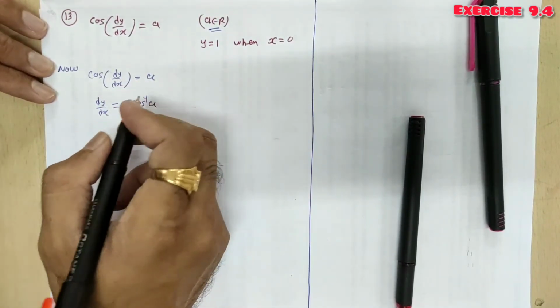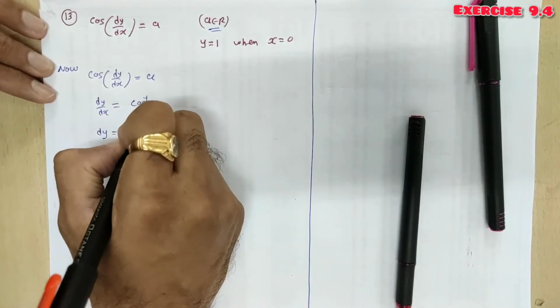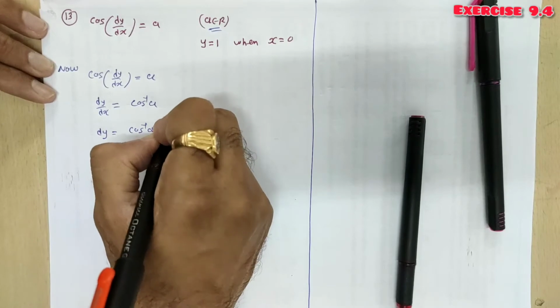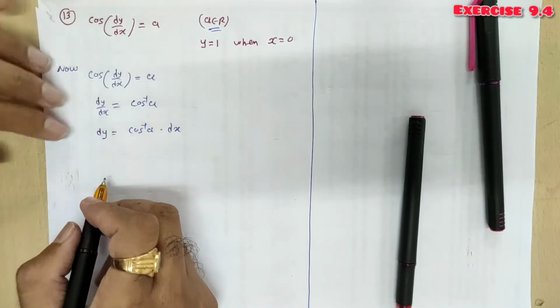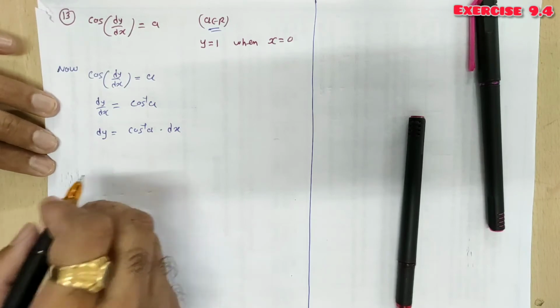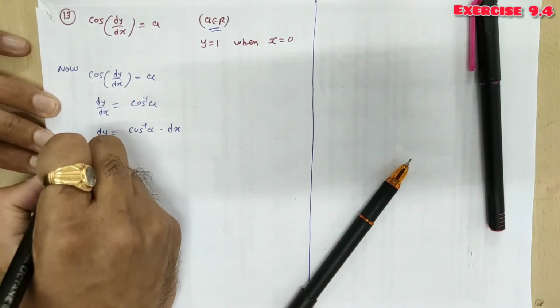Again taking this dx on the right hand side, we have dy equal to cos inverse a into dx. This is a constant term, this is variable y, this is variable x. So this is variable separation, and now we have to integrate on both sides.